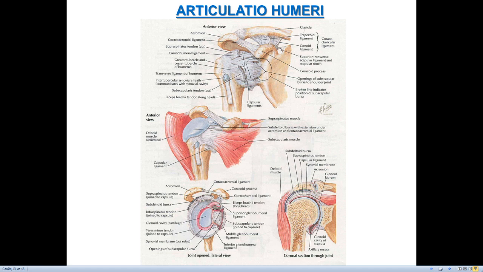The main ligament among them is the coracohumeral ligament. It travels from the base of the acromion to the greater tuberculum of the humerus bone.